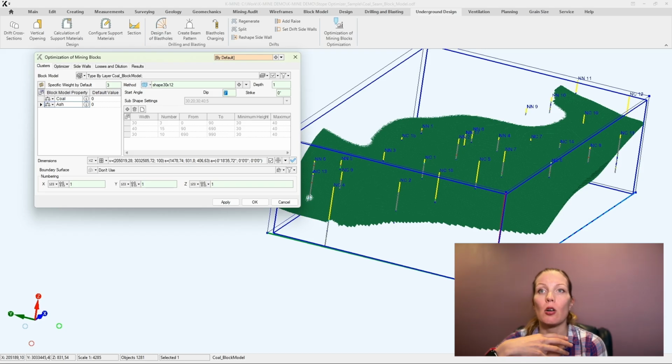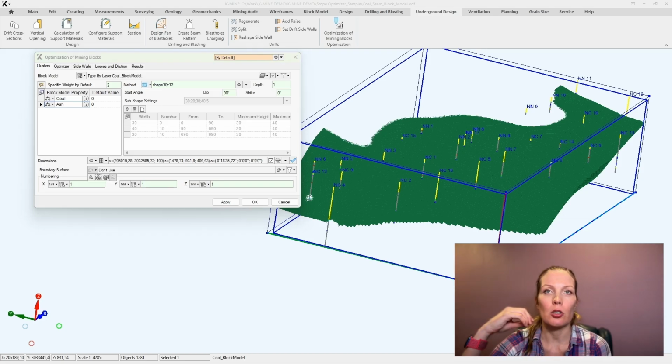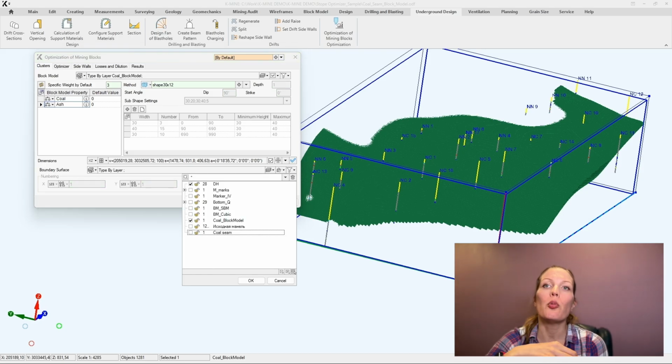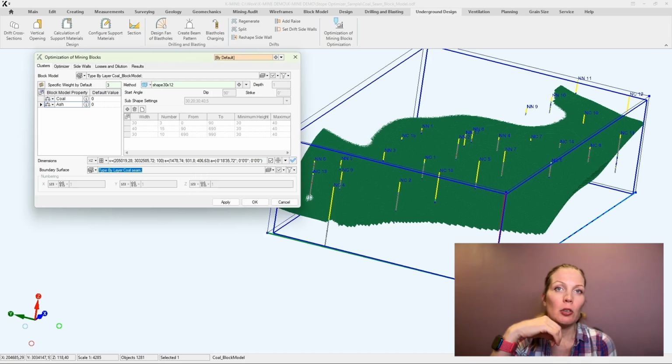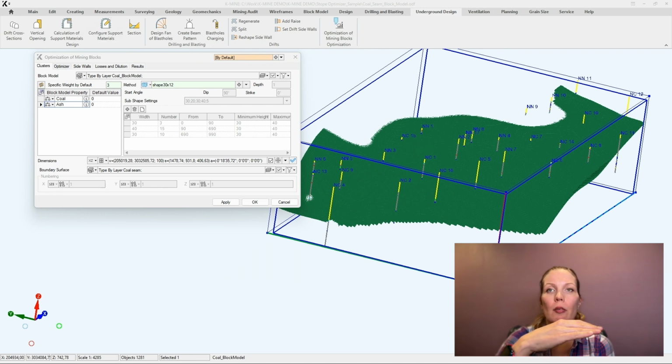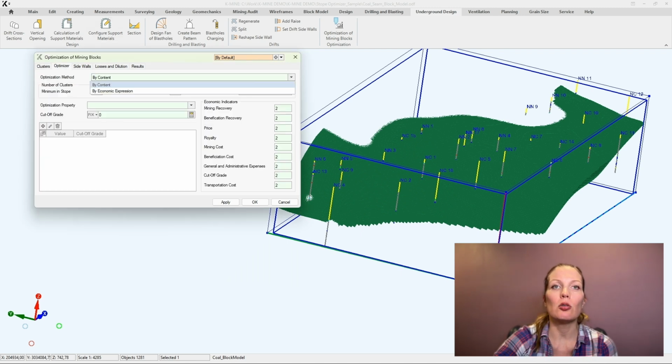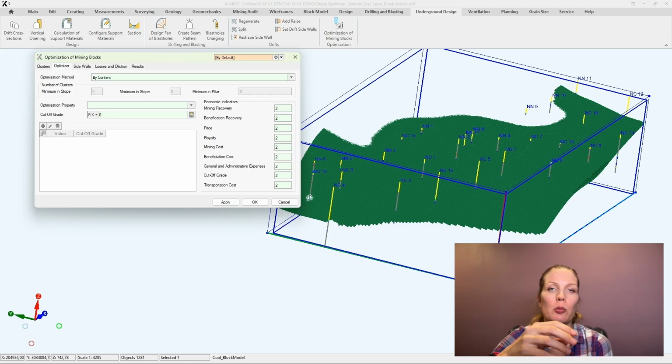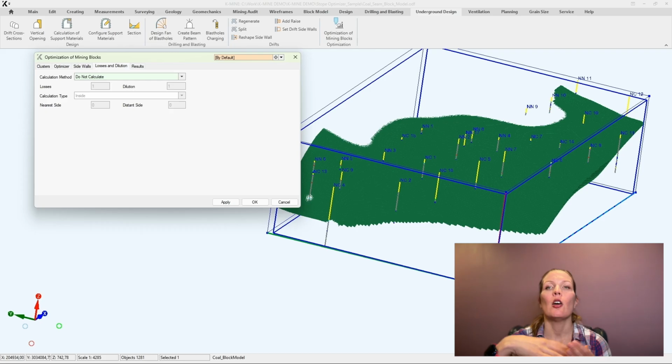If optimizing a room and pillar section between two ventilation drifts, there is no point in generating stopes outside of this window. Similarly, for sublevel stoping above a haulage level, the system can be instructed not to form stopes below a given elevation. So this keeps results aligned with the real mine constraints.